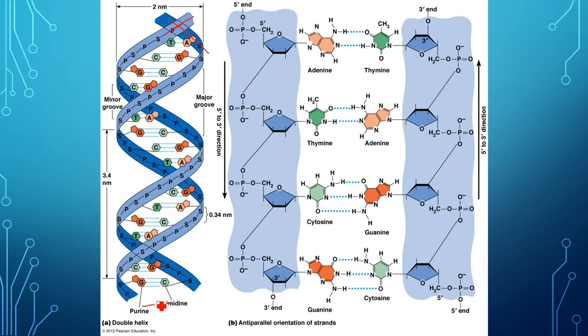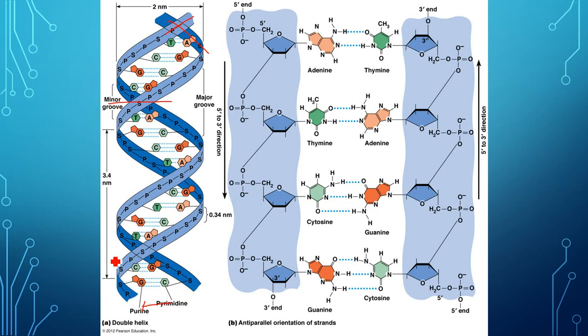This is how the DNA looks. This is the helical structure. At the central core axis, this is one strand, this is another strand. The two strands are anti-parallel, and the diameter between the two strands is about 20 angstrom or 2 nm.